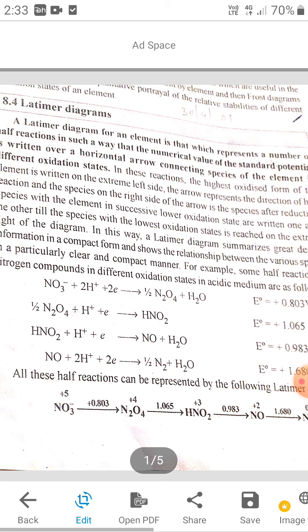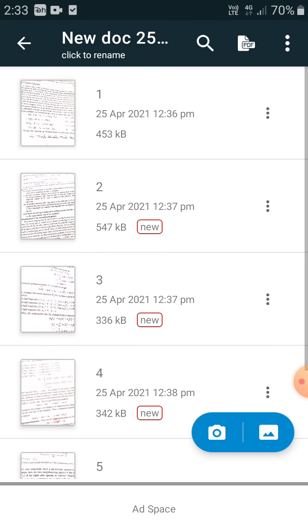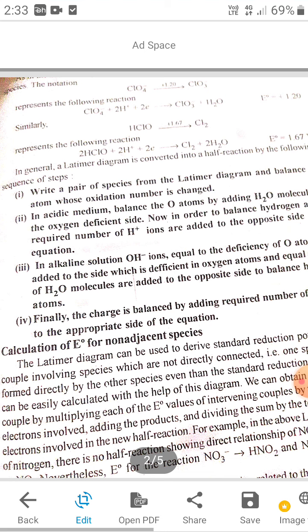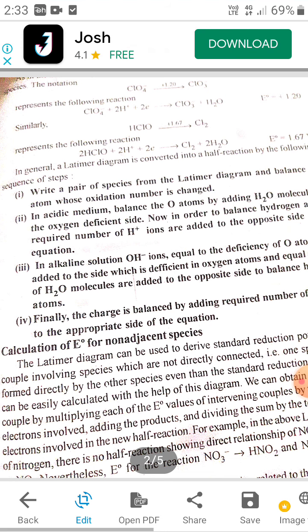The oxidation state starts from +5, +4, +3, +2 and 0. So these types of reactions are named Latimer reactions.